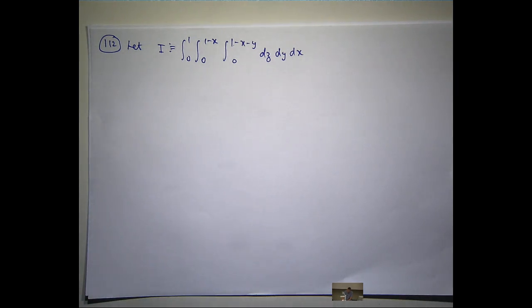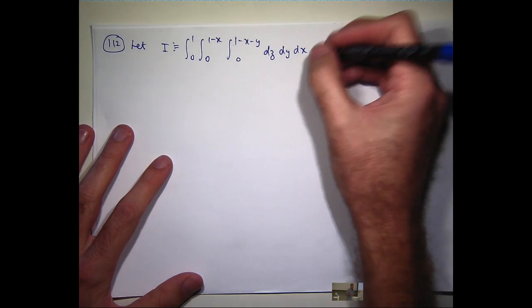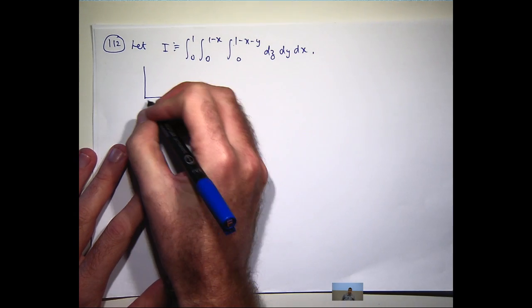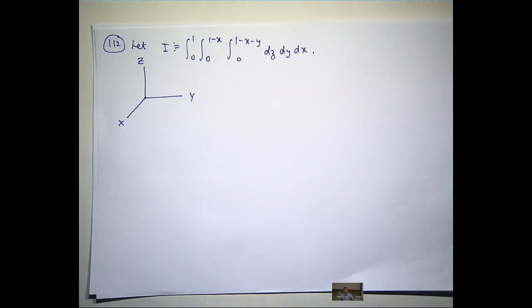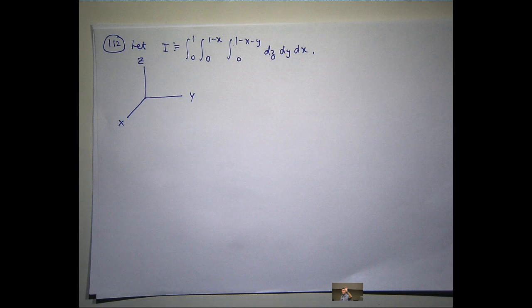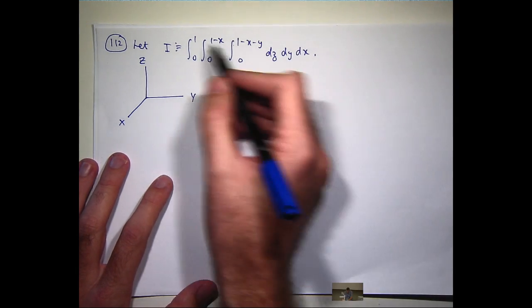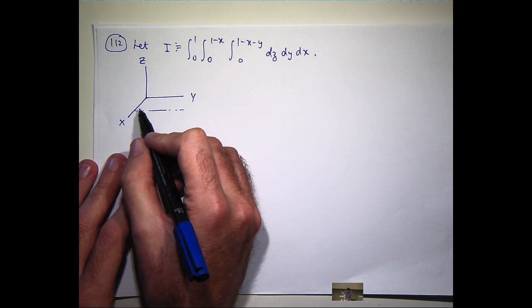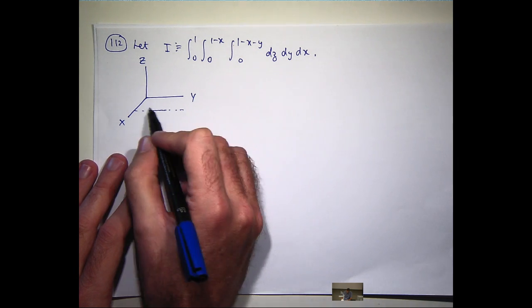So I'm actually going to sketch the region in first. Here are my axes. Now, x is between 0 and 1, so let's mark the line x equals 0, and the line x equals 1 here.